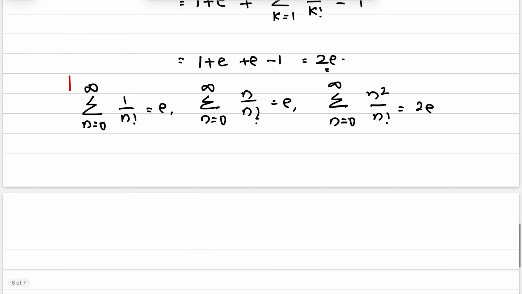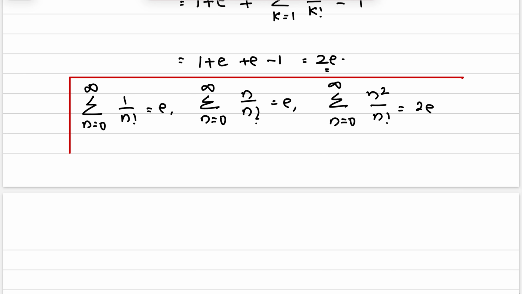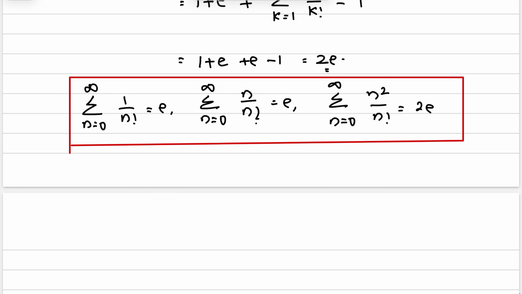These are the values, very very important, we have just now derived. Please remember this. In the examination, remembering these values will be very important, so that you need not derive everything in the examination. I have shown the derivation for convenience.